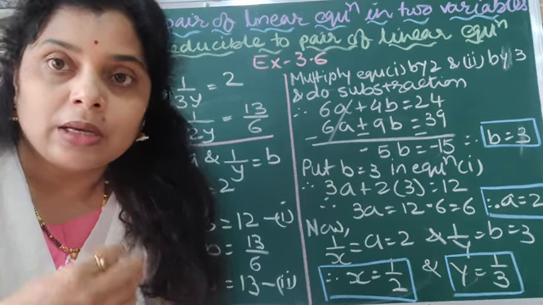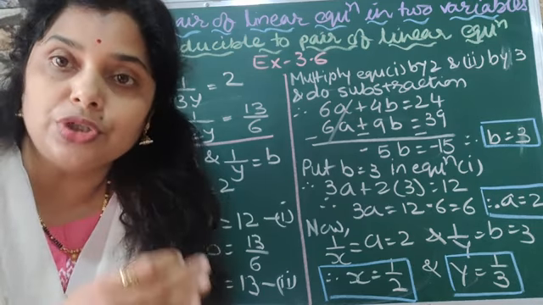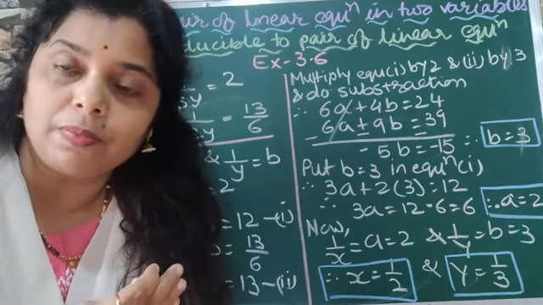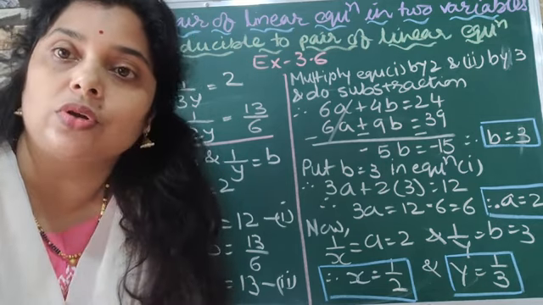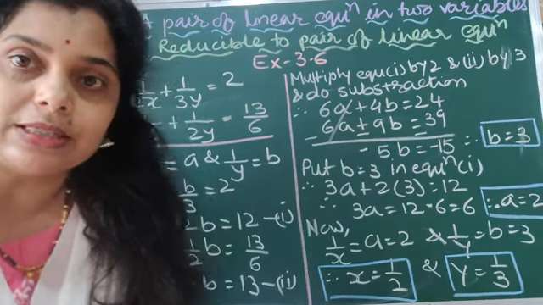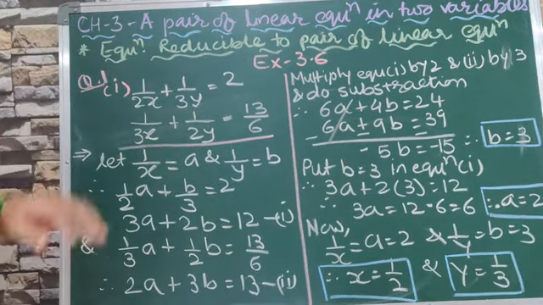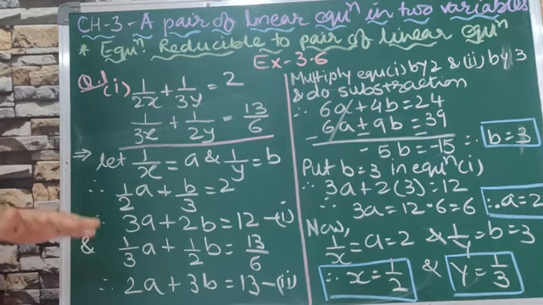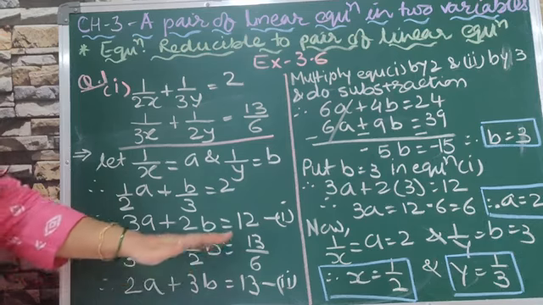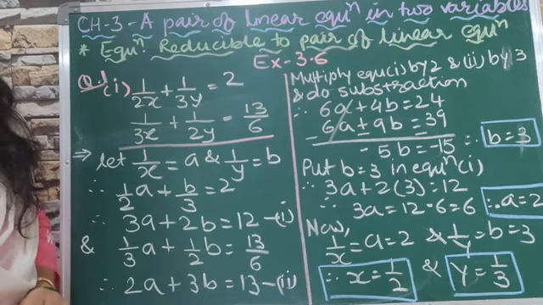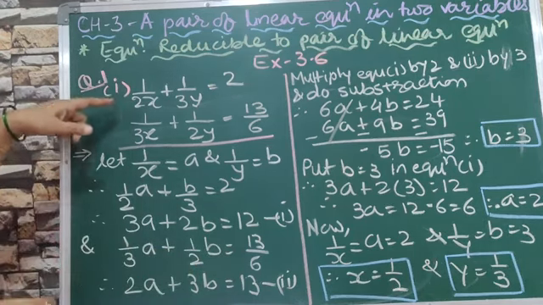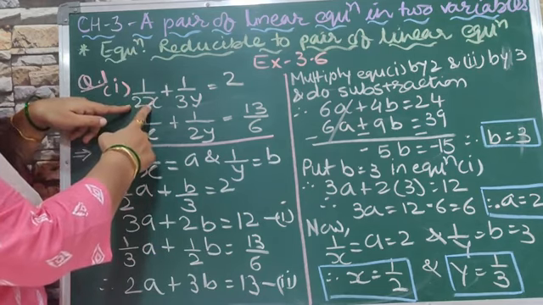So our work is to reduce it to a linear form, and then we will find the solution x and y. So let's see how to reduce this type of equation to a linear equation, and then continue our work to find the values of x and y. So here it is 1 upon 2x.